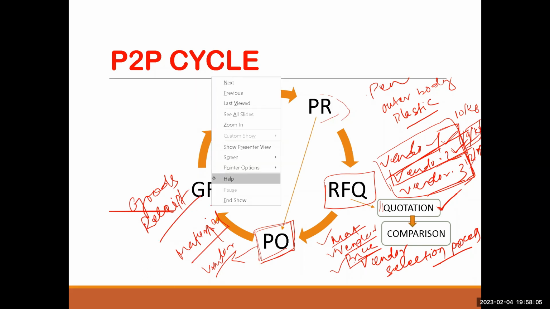Once the goods receipt has been done, you need to pay the bill, right? So once the goods receipt has been done, you have to do the IR, meaning invoice receipt.